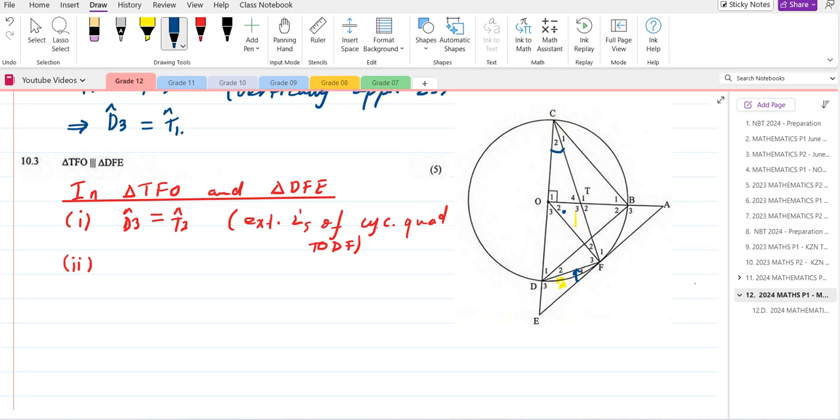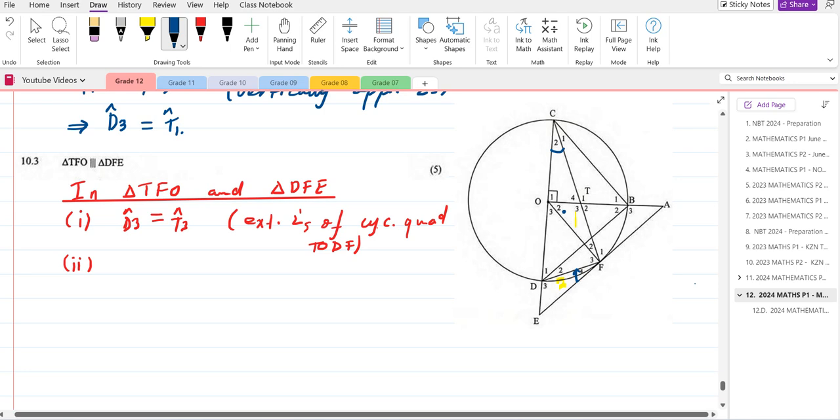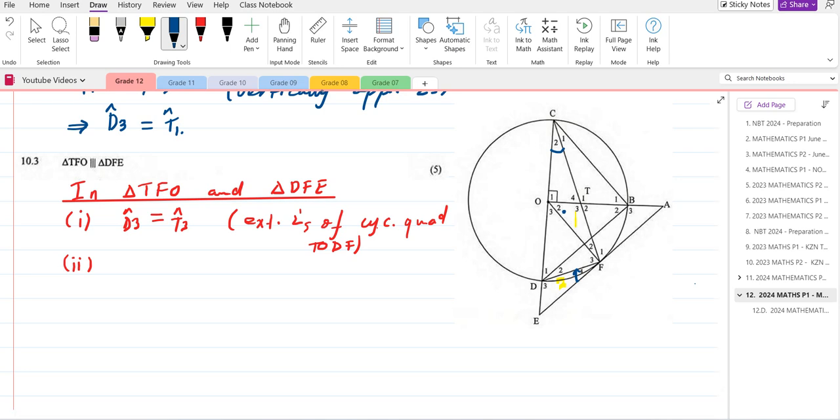Will that help us? No, I've already used cyclic quadrilateral, right? If I make angle F2 equal to X, should I do that? Yeah, guys, how are we going to solve this?